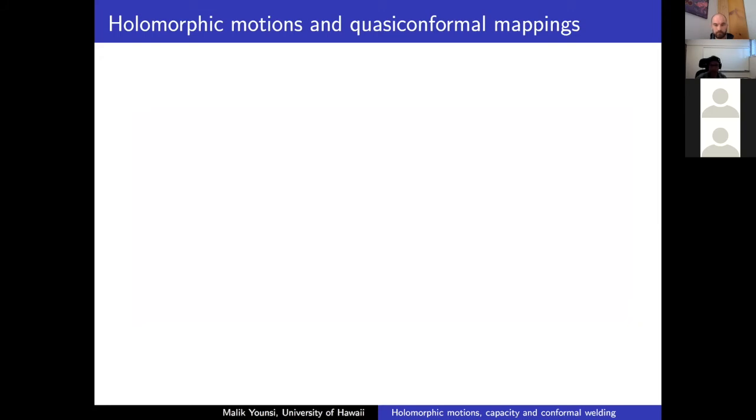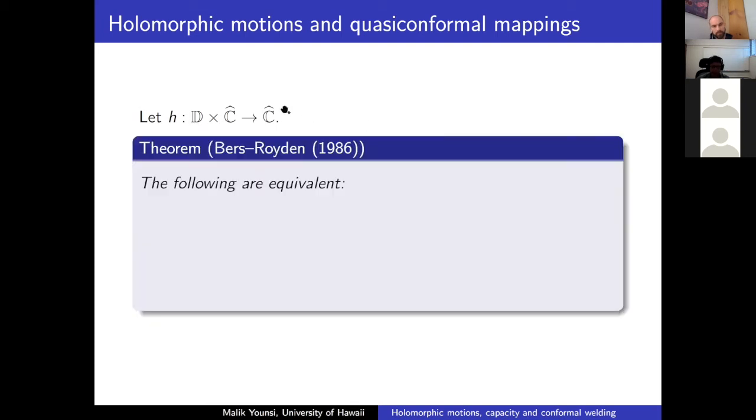It turns out that there's a very strong relationship between holomorphic motions and quasiconformal mappings. And maybe a good way to state this is the following. If you start with a map H from the product of the disk and the Riemann sphere into the sphere, then the following are equivalent. That's a theorem that I wrote as Bers and Royden, but it's actually due to many different people.